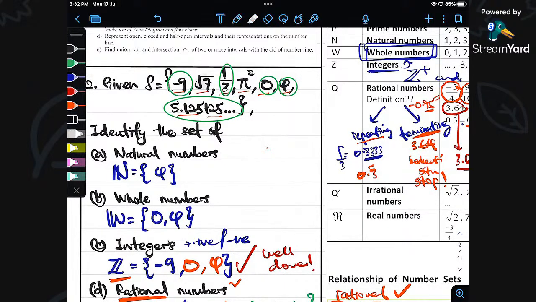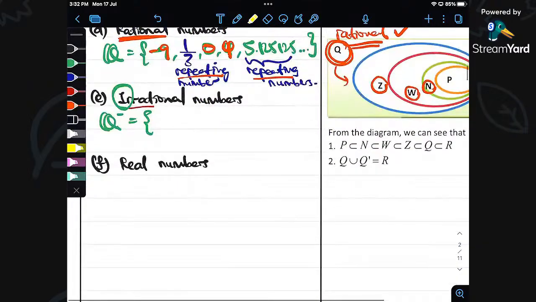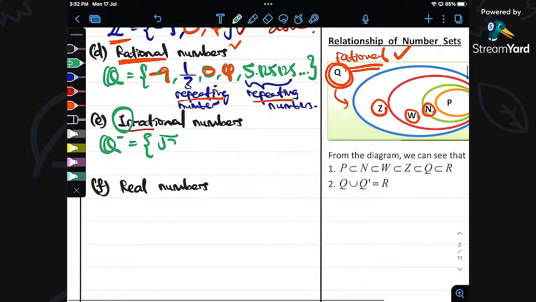Square root of 7 dan juga pi squared. Itu sahaja.